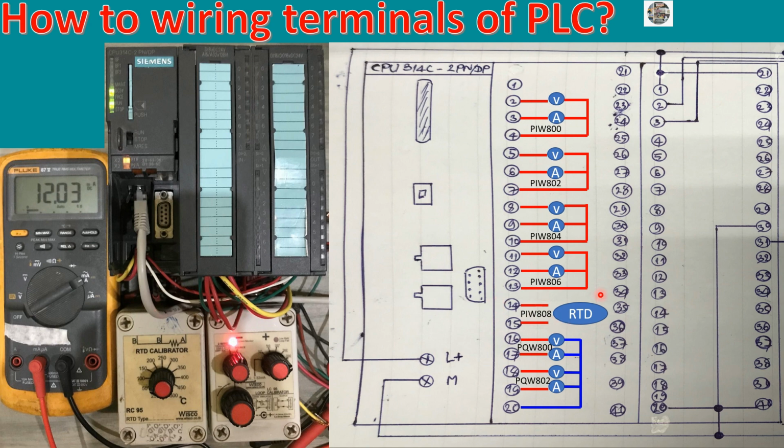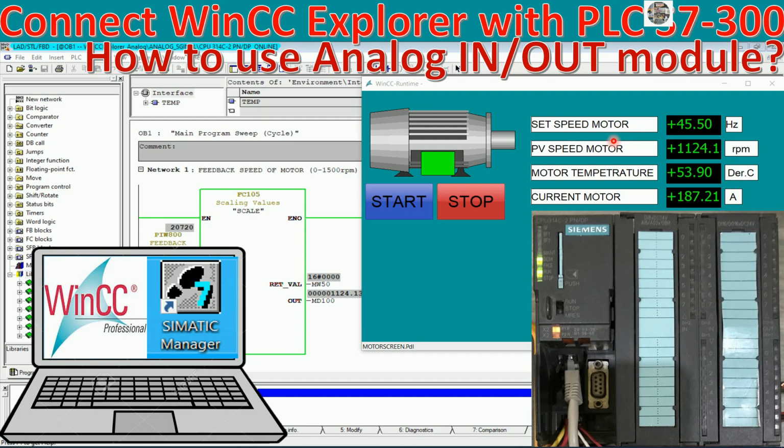The last channel is RTD, and I will use the RTD calibrator for testing in this video. I will use the current loop tester to source the current to the module, to show the current of the motor and the PV speed feedback from the VFD.